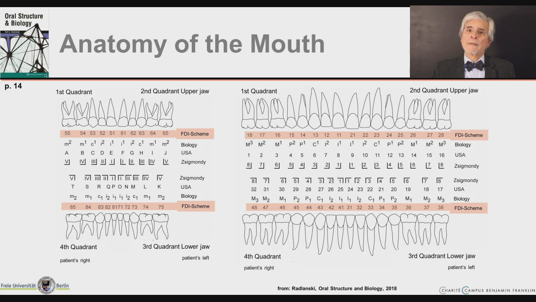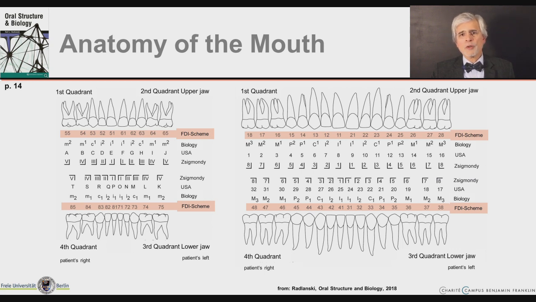So first, look at the permanent dentition, the right diagram. There, the upper central incisor in the first quadrant is labeled 1, 1, and the upper central incisor in the second quadrant is labeled 2, 1. This is how it continues for each tooth, actually very clear.